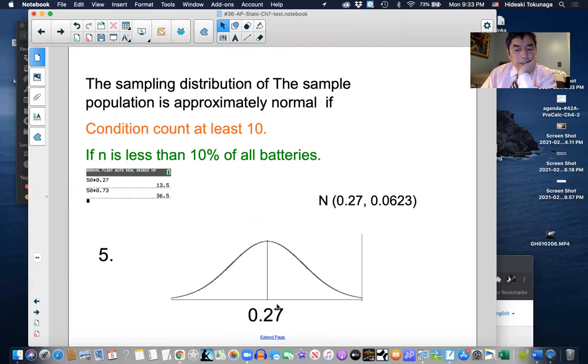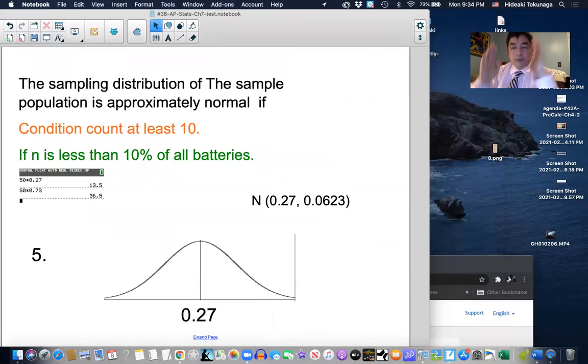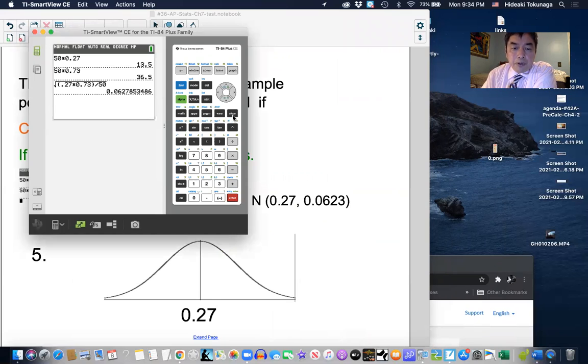So let's see, one standard deviation above, and just roughly, it's going to be kind of steeper, I believe, because of the sampling distribution. Let's see, we don't know. So just roughly 0.27 plus 0.06.